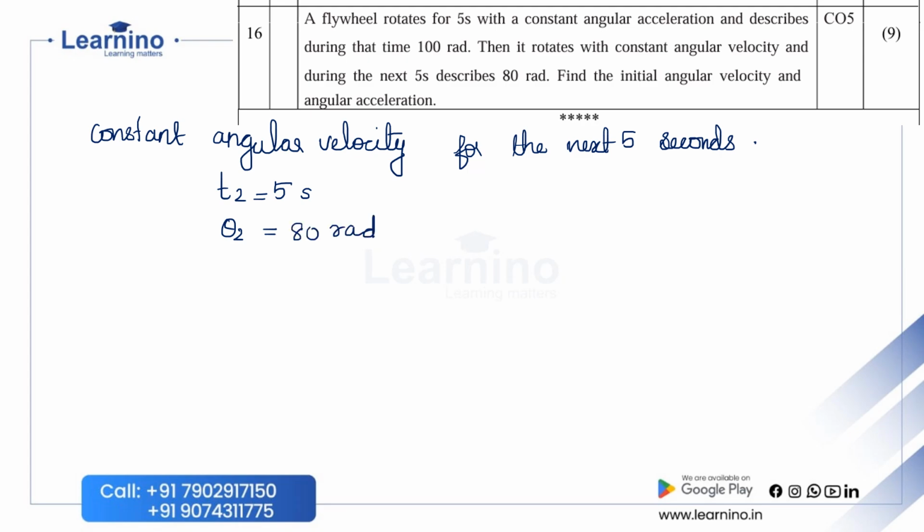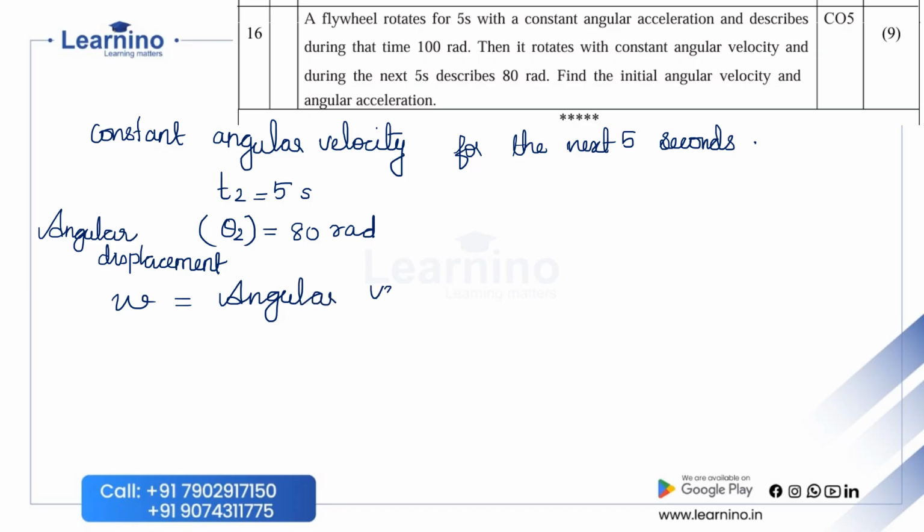So we can write the angular displacement theta 2 is 80 radians. And they have given a constant angular velocity, so I am taking the constant angular velocity as omega.